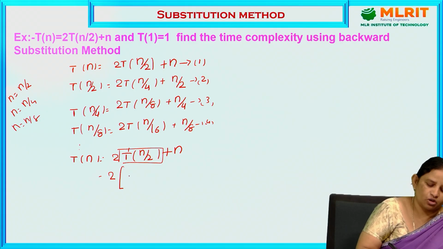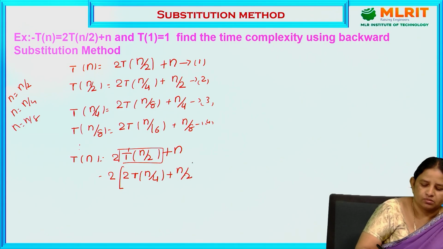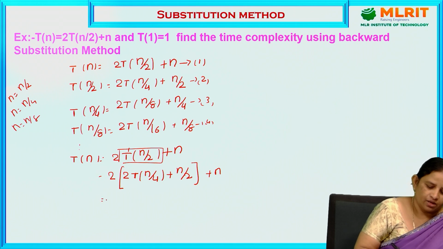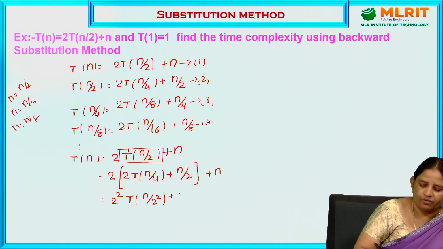In the place of t of n by 2, 2t of n by 4 plus n by 2, plus n, repeat the leftover term. So that is written as 2 square t of n by 2 square plus 2n, since 2 into n by 2 gives n, the 2 gets cancelled, and n plus n is 2n.